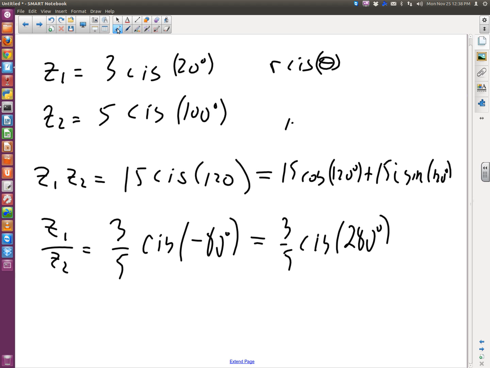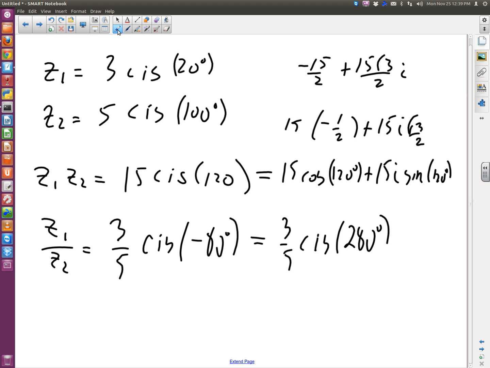All right, so this is 15 times -1/2 plus 15i times, well, what's the sine of 120? The sine is 60, right, rad 3 over 2. And that's an answer, but I guess I could clean it up a little bit. How about -15/2 plus 15 rad 3/2 i?